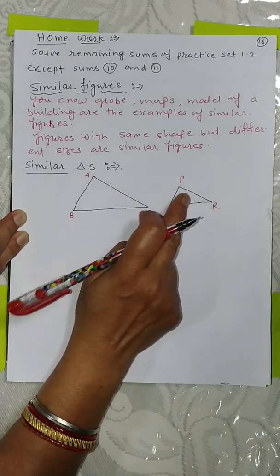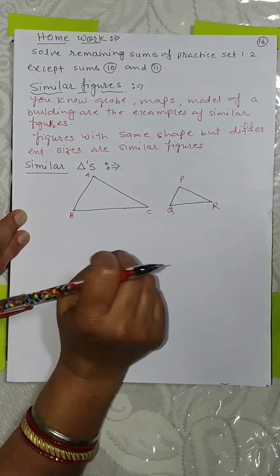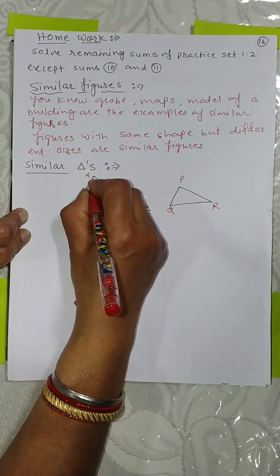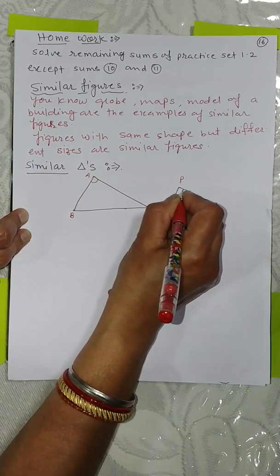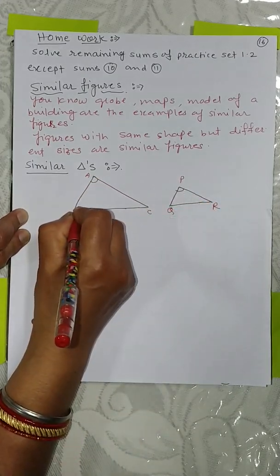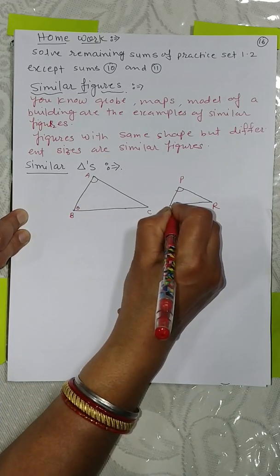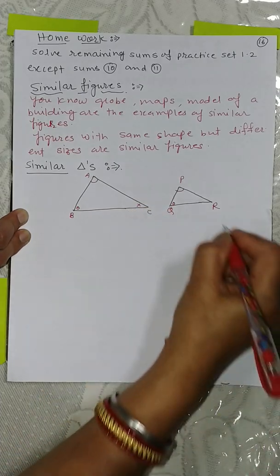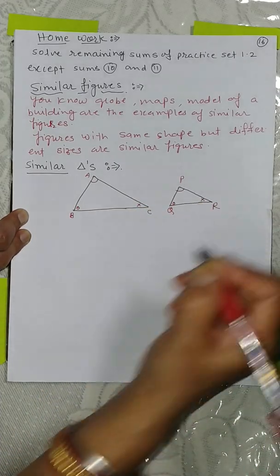See here, they have same shape but the size is different. Now here, suppose angle A is congruent to angle P, angle B is congruent to angle Q, and angle C is congruent to angle R.